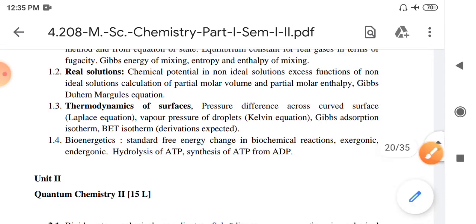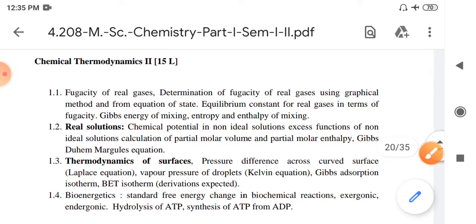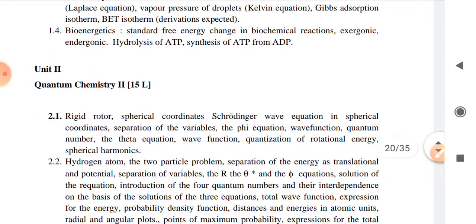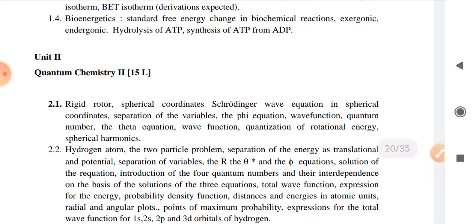So this is the overall syllabus that we are going to cover in this whole semester. From the next lecture onwards we'll first see this important unit, that is quantum chemistry. For this unit we will again require various basic terms like wave functions. What do you mean by wave functions? How will you solve those wave functions?